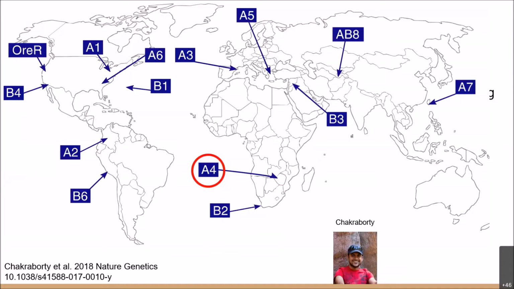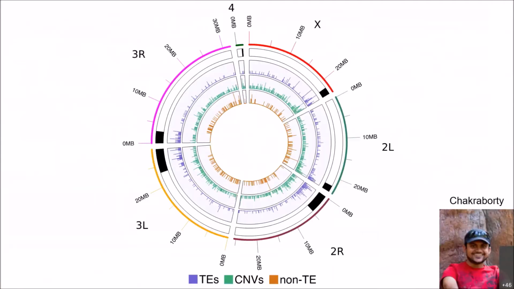If we look at just A4 and compare it to the reference genome, you can see a lot of variation immediately. This is a circus plot where each ring represents a type of variation. The inner ring are structural variants that are not transposable elements or CNVs, just indels, and they're basically ubiquitous across the genome and distributed everywhere.